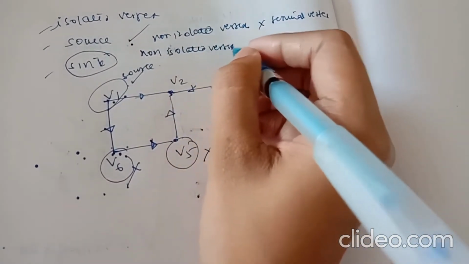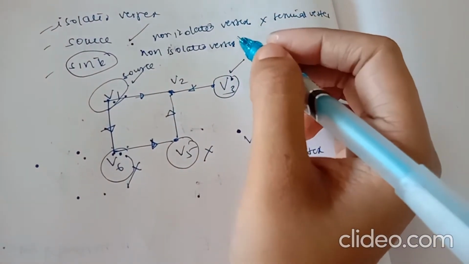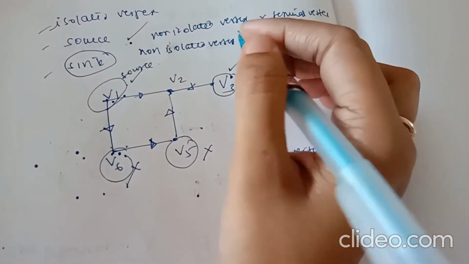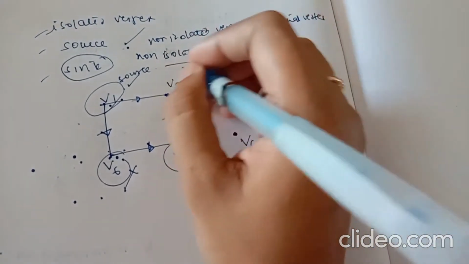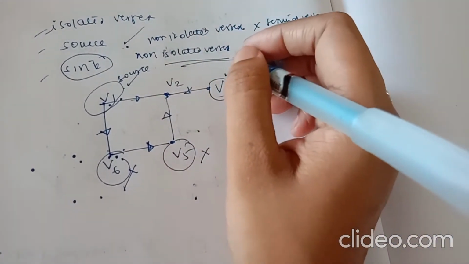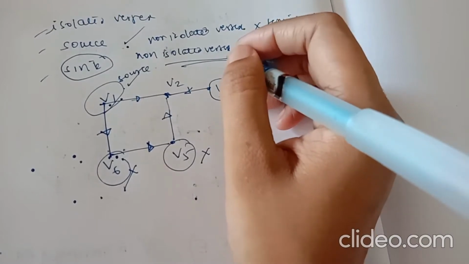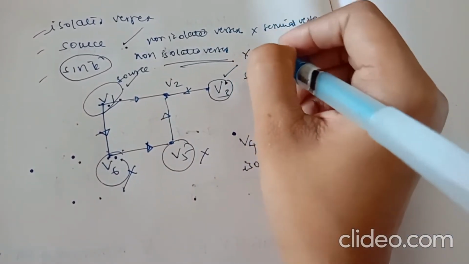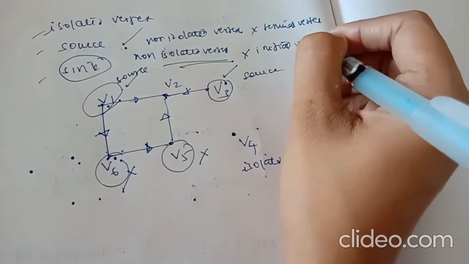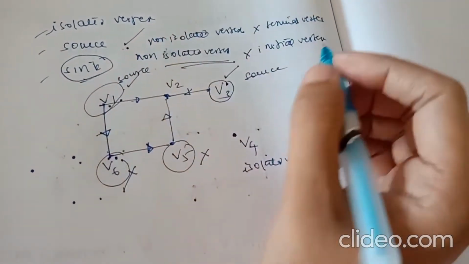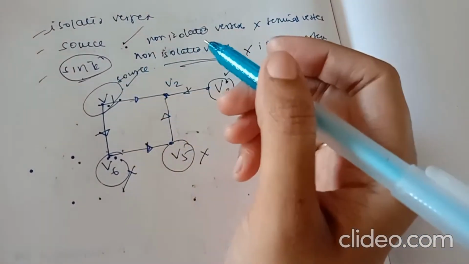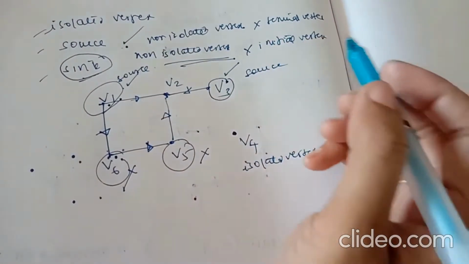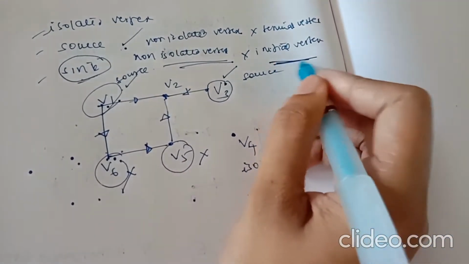That means there is some edge either starting or arriving at that particular vertex, but it is not an isolated vertex. So it is a non-isolated vertex which is not the initial vertex. That is a sink. That means there is an edge reaching that vertex, but there is no edge starting from that vertex. It is not an initial vertex.